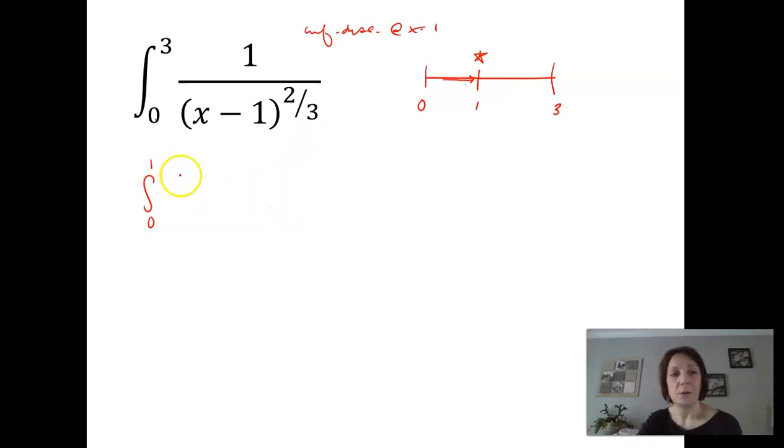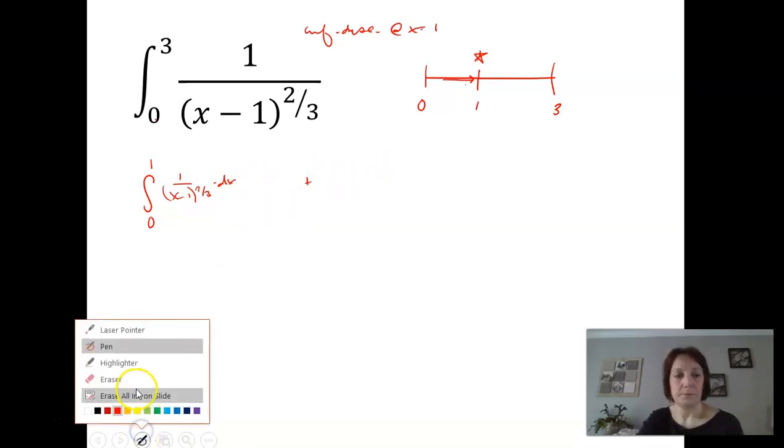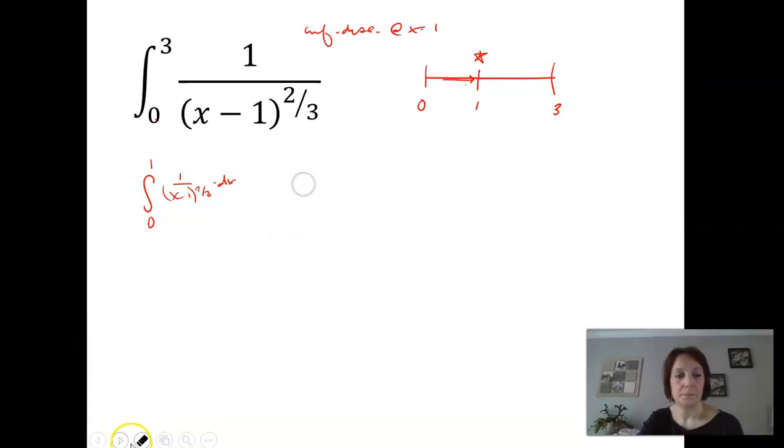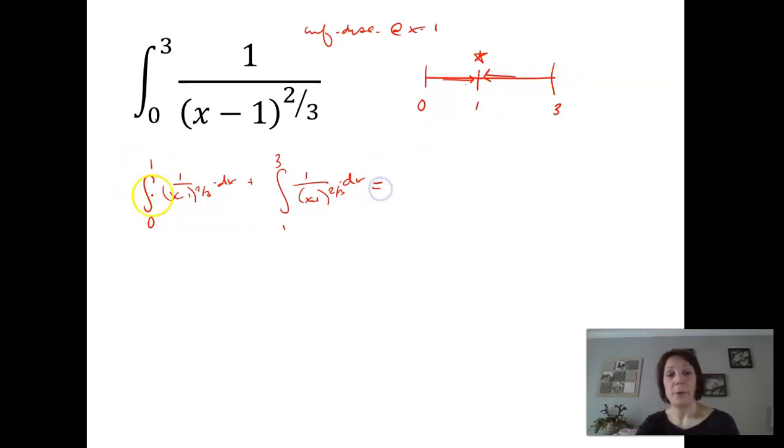My next integral is going to go from 1 to 3. And when I approach 1 on that one, I'm going to be doing it from the positive side. So these are both going to get rewritten with limits.